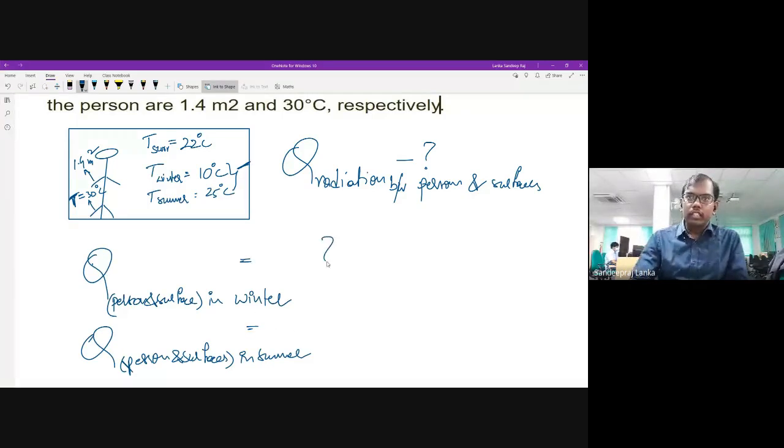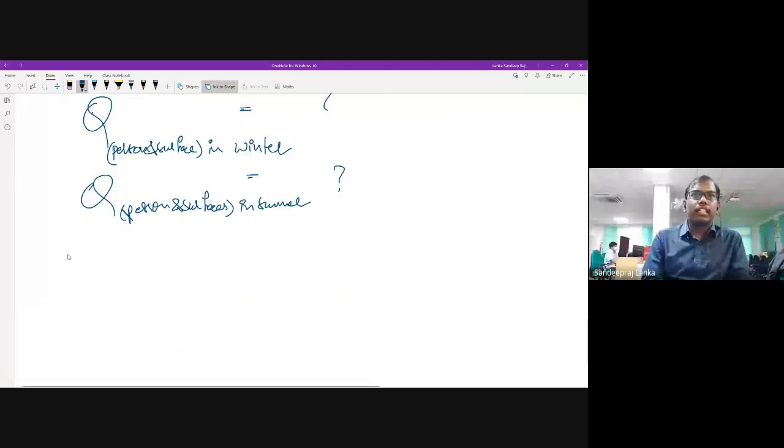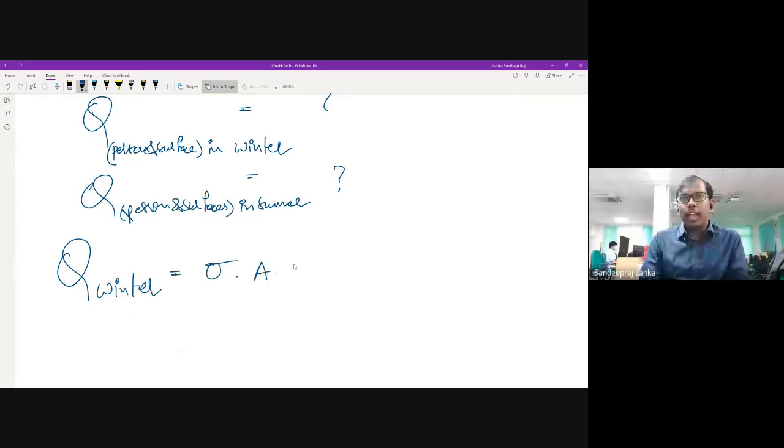Let me take the first as Q winter, which is equal to sigma into A into epsilon into T to the power of 4 minus T to the power of 4.